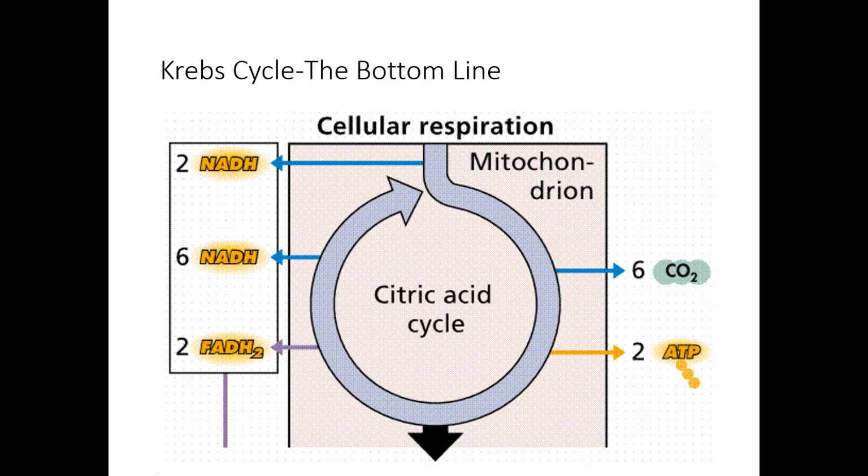Because when blood pH goes down and we become more acidic, the medulla says, breathe faster to blow off CO2, because CO2 combines with water in plasma to form carbonic acid, and that makes us more acidic. So the CO2 that's coming off is coming off at the Krebs cycle.